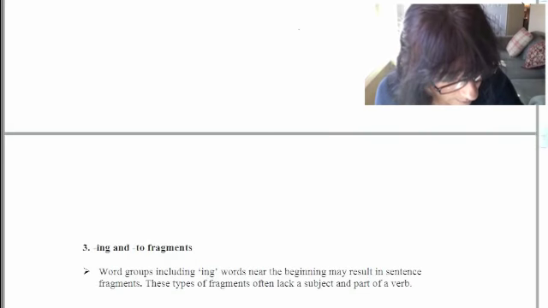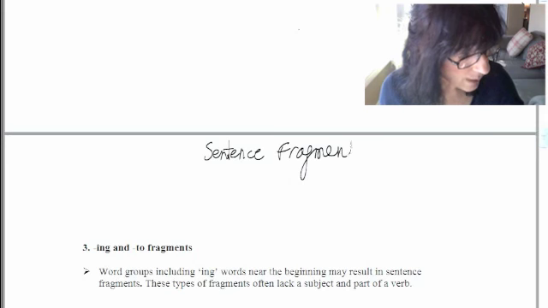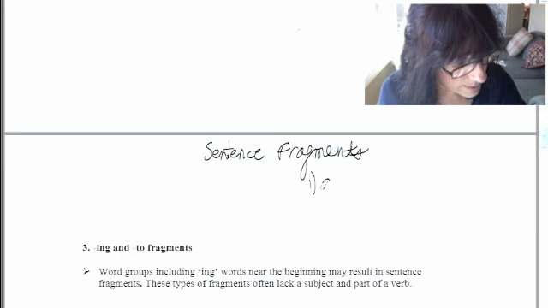Hello, welcome back, and this is part 2 of sentence fragments, and let's review the final 2 types of fragment errors. Now, in part 1 of the video on sentence fragments, we discussed the first 2 types of fragment errors. The first one was called dependent word fragments.